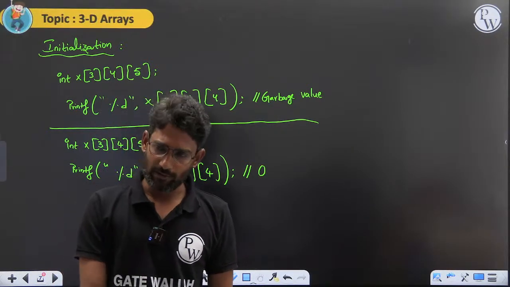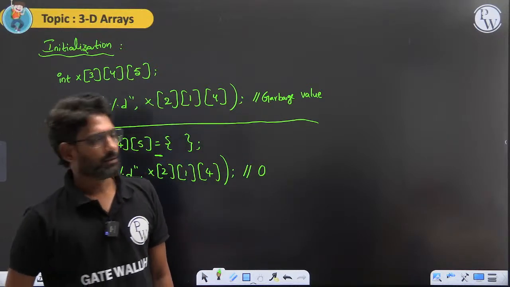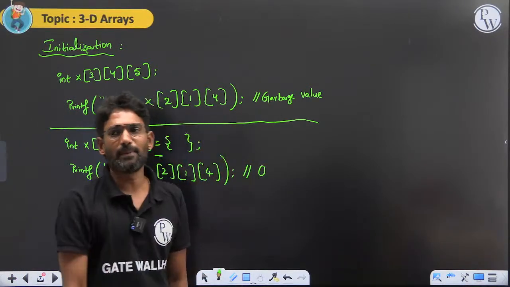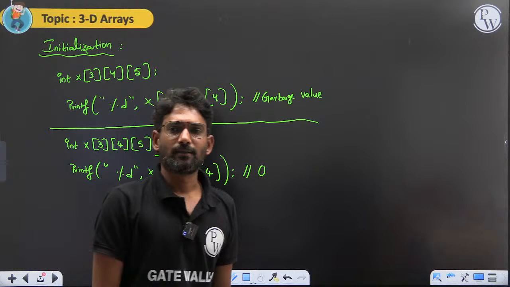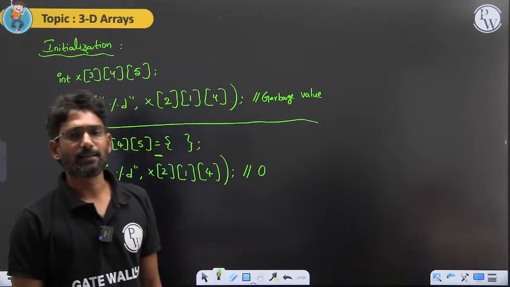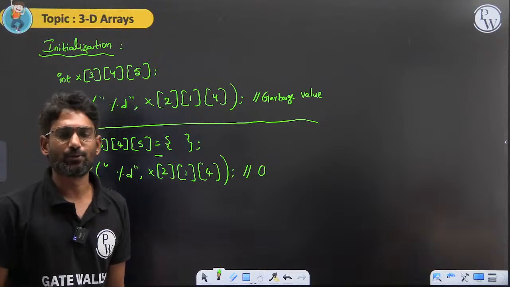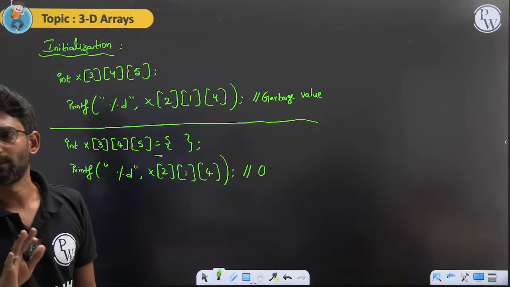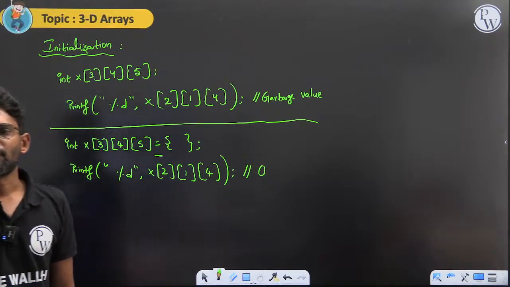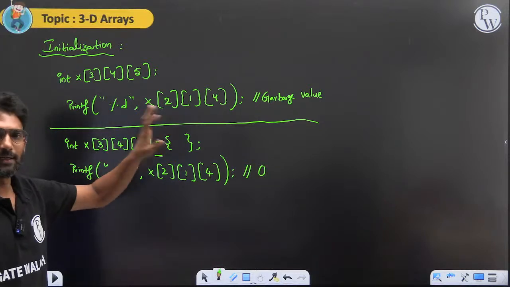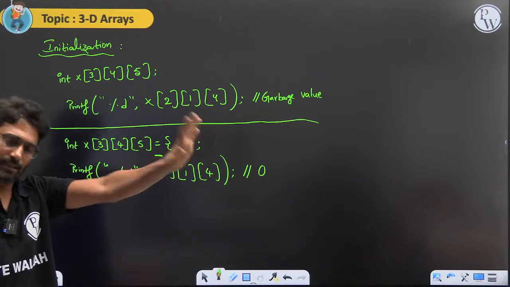Whether you give one value or none, if you use the assignment operator, then the array is considered as initialized with the value. We used the assignment operator, that's it.